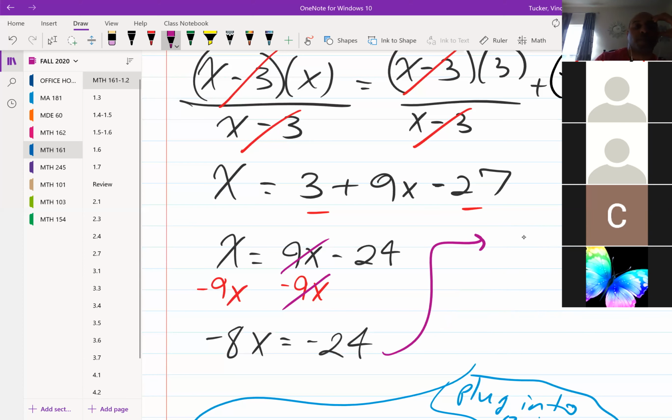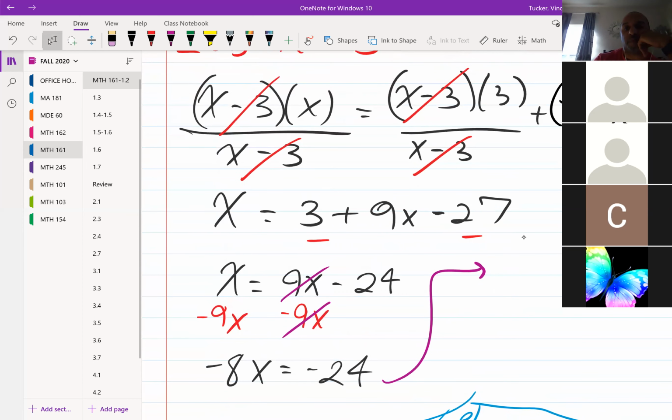Can I ask a question, please? Sure. So the x equals 3 plus 9x, aren't you supposed to subtract that 3, make it a negative 3, and then it goes under the negative 27, which makes it negative 30? That's if you had the equal sign right here.